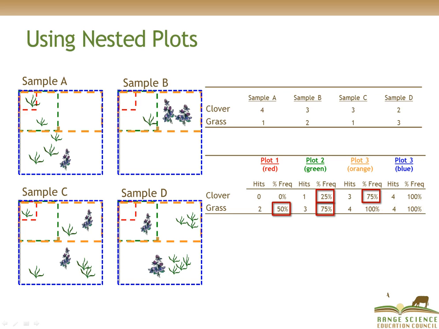For the grass, we're able to detect a frequency of 50% with plot size 1 and 75% for plot size 2. In an ideal world, because we have this overlap, we could use plot size 2 to measure frequency for both of these species. Now, in the real world, we would not make these assumptions using just 4 samples, but this shows how you would determine the appropriate plot size for each of the species.